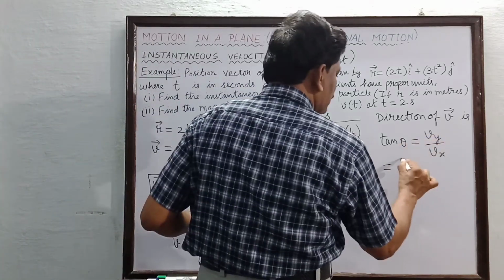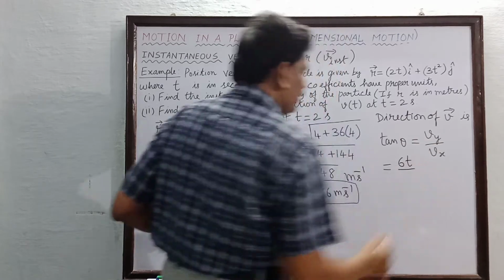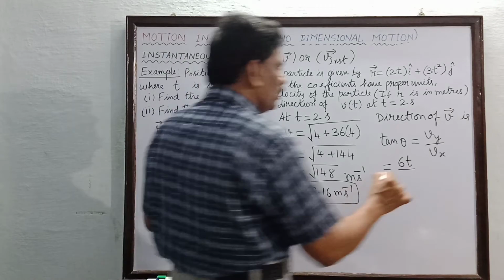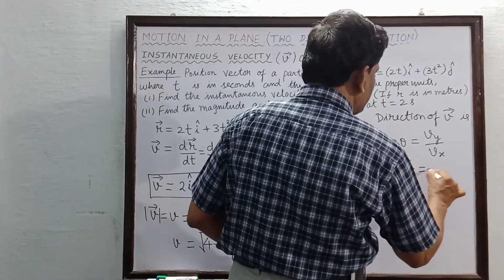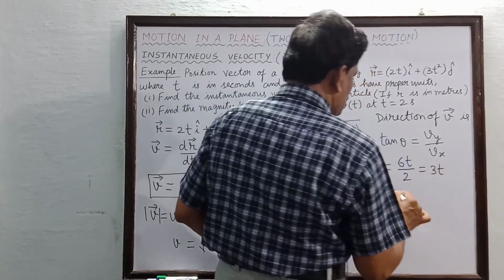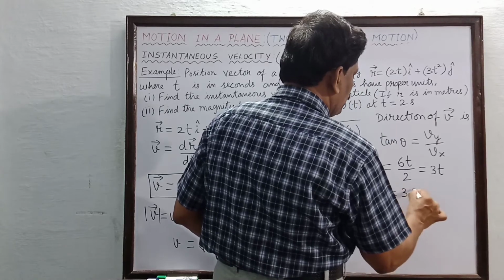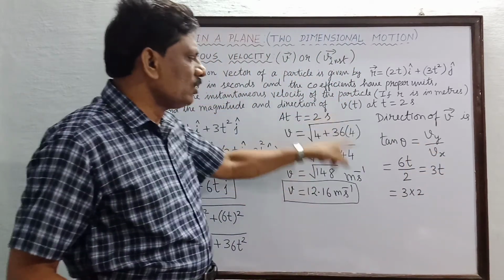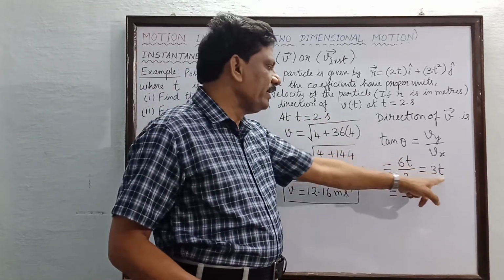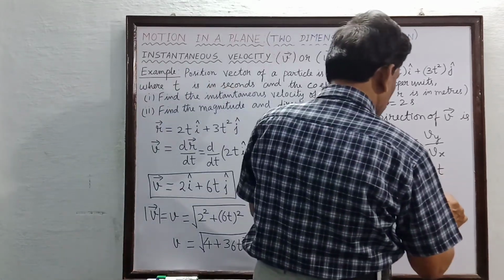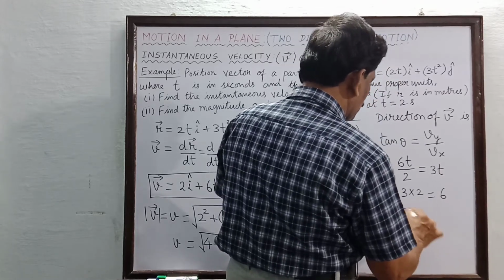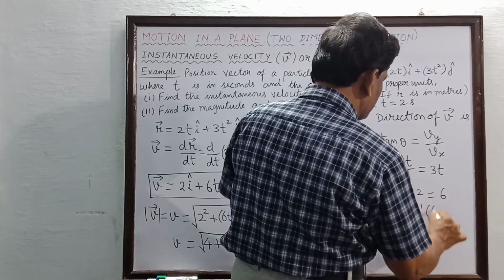So Vy divided by Vx is 6t by 2, that is equal to 3t. That is 3 into 2, because we are calculating at time t equal to 2 seconds. So this is equal to 6. Therefore theta is equal to tan inverse of 6.